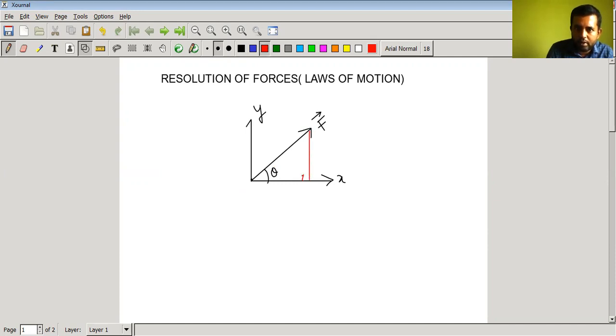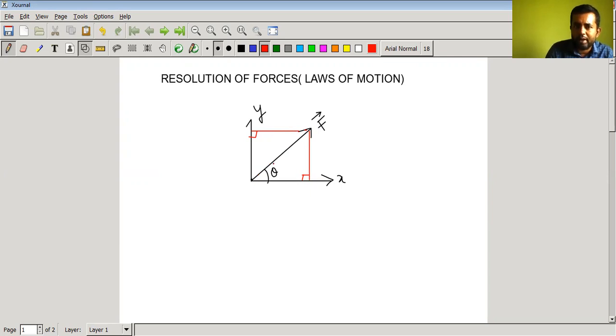Now this is the x component of the force, and in the same way we drop a perpendicular from the head to y, and this is the y component. We know that this is F.